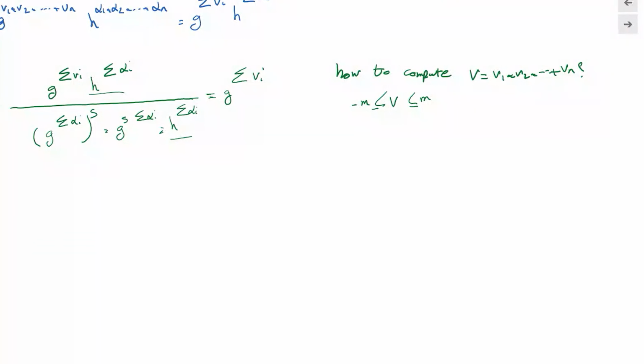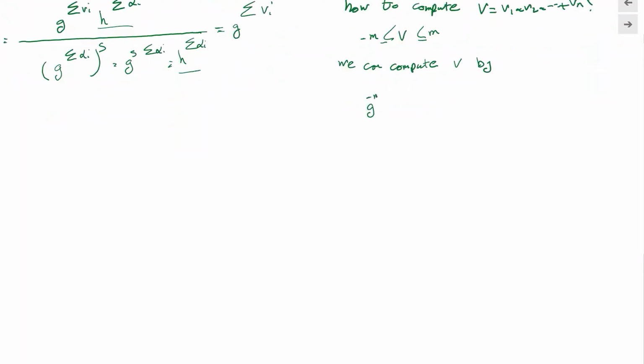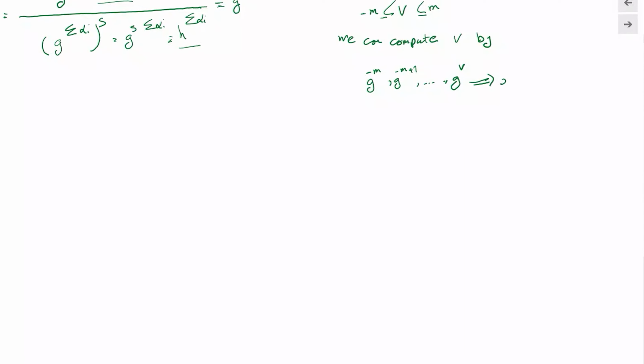So then we can compute V by doing this computation: G to the power minus M, G to the power minus M plus 1, all the way to, we start from there and continue to some G to the power V, and then this outputs V, right?